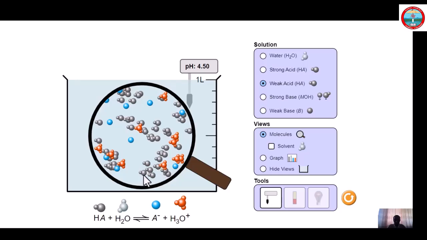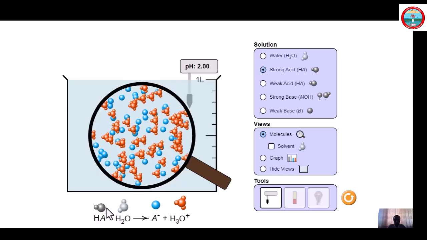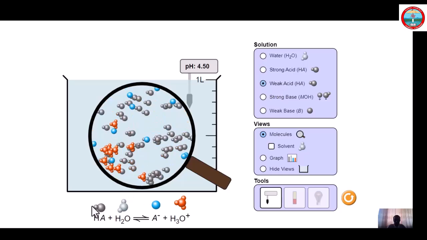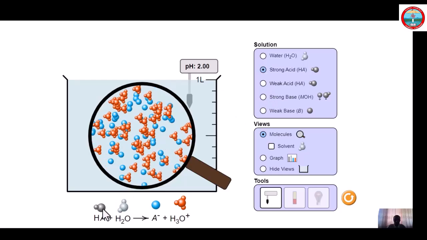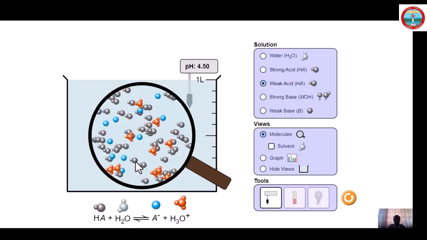So you can see in the strong acid there is no such molecule in this case, but for the weak acid there is such a molecule. These molecules are the undissociated ones, and this one is this one, then this one is this one. Generally for acids, for strong acid there is no undissociated acid, but for weak acid there is undissociated acid left over after the chemical reaction.